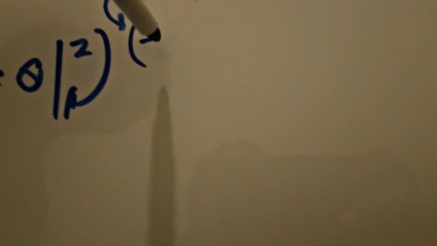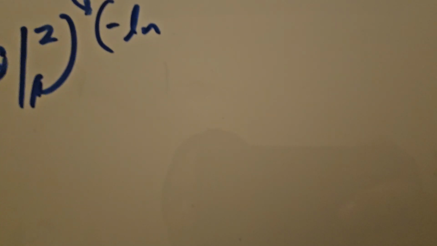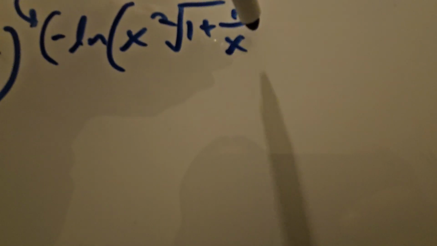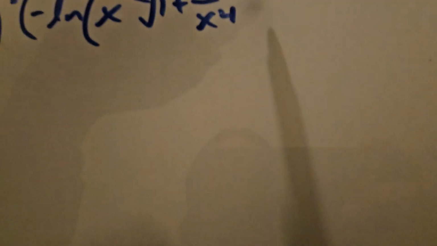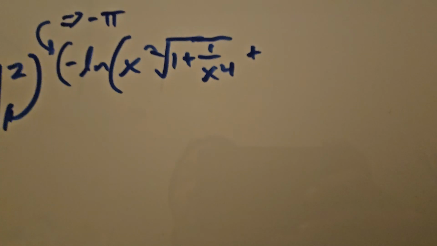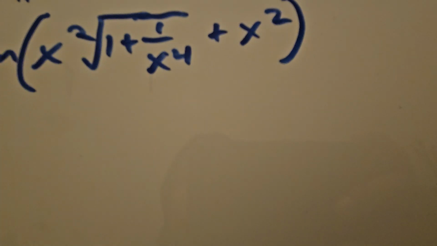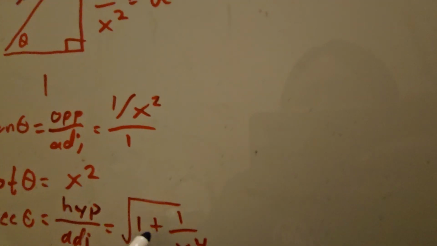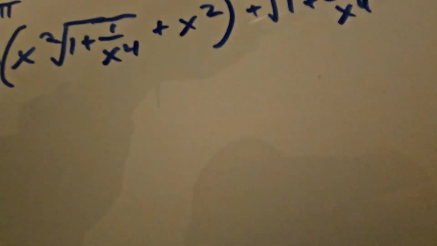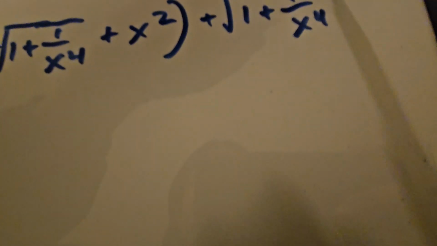Negative pi times negative ln, natural log of cosecant, which is x squared times the square root of 1 plus 1 over x to the 4th power, plus cotangent theta, which is x squared, plus secant theta, which is the square root of 1 plus 1 over x to the 4th power, close parentheses.